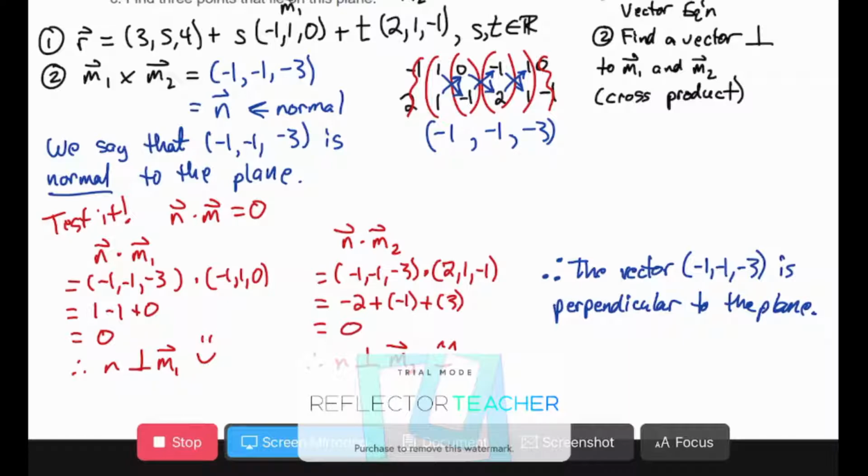And we could also use a scalar multiple of this vector. So we could also say 1, 1, 3, and so on.